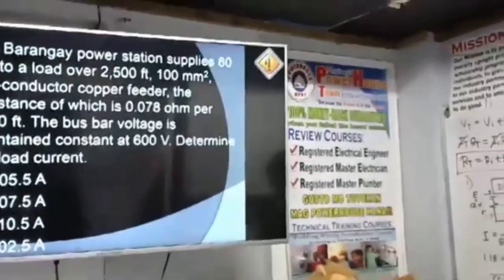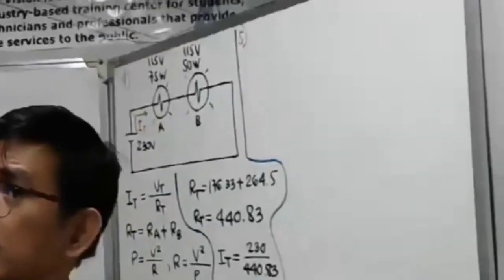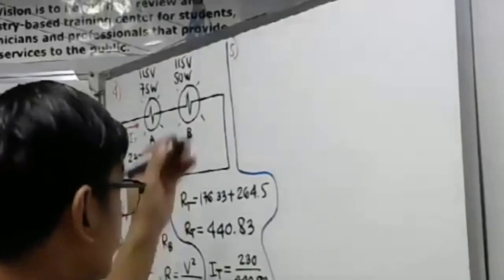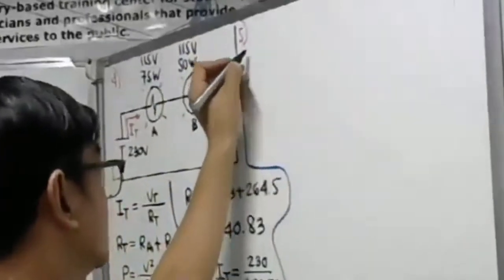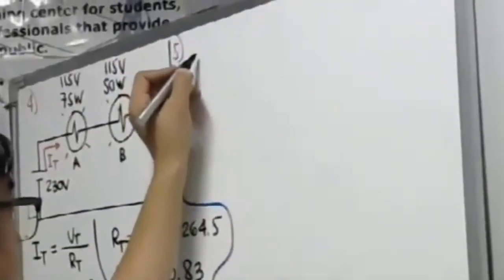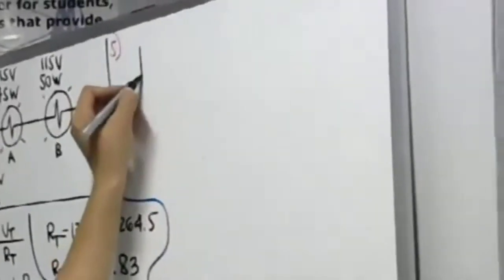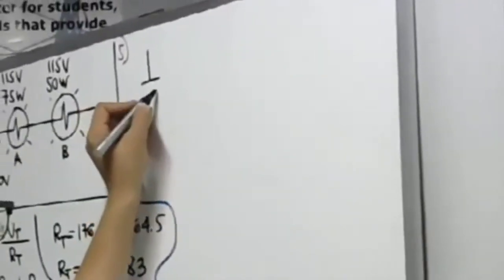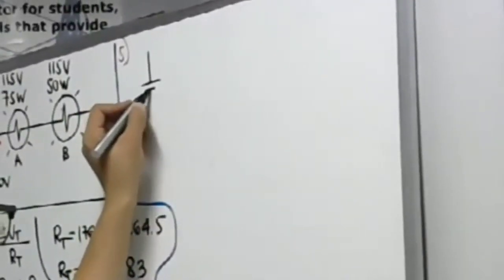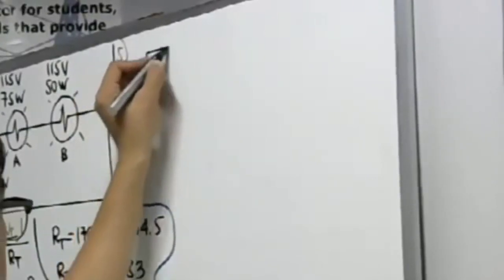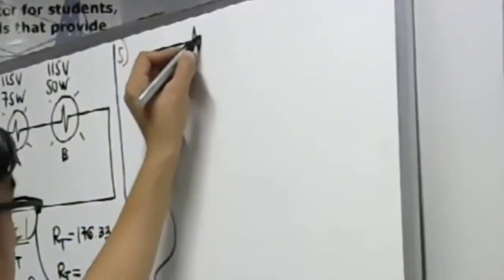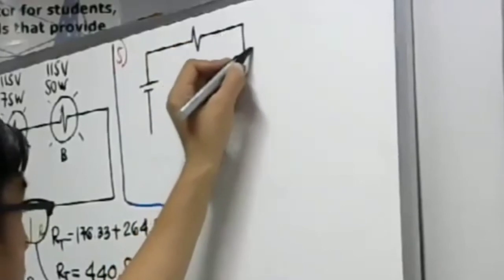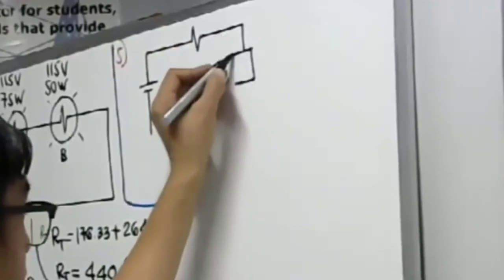So we have a power station, a DC power station. Problem number 5. Let's have first the figure.